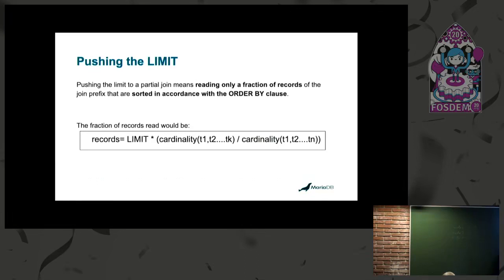So this is the prefix which can resolve the order by clause, this is the total join cardinality, and then you have the limit. This formula would give us the number of records that we would read from the prefix that can resolve the order by clause.